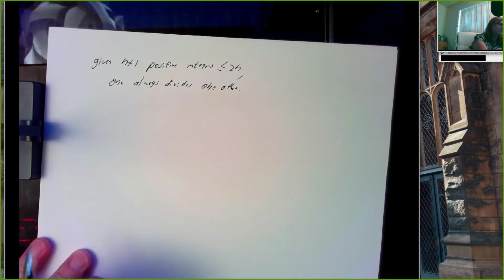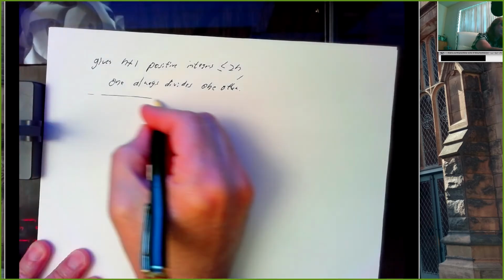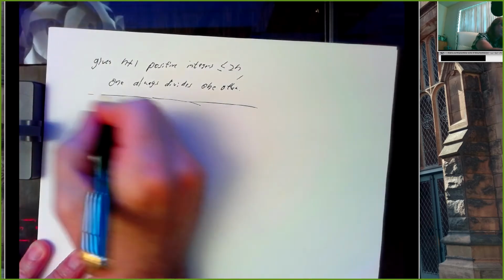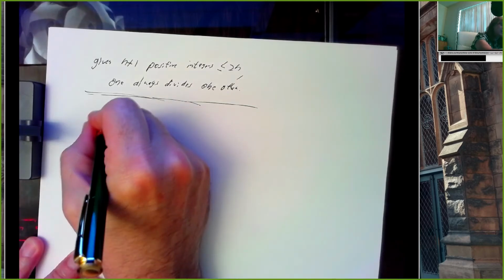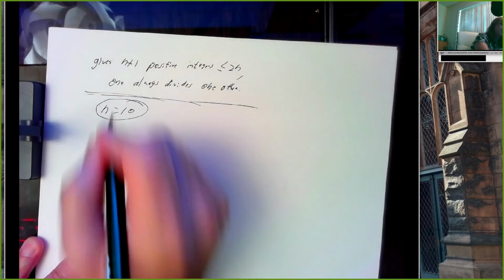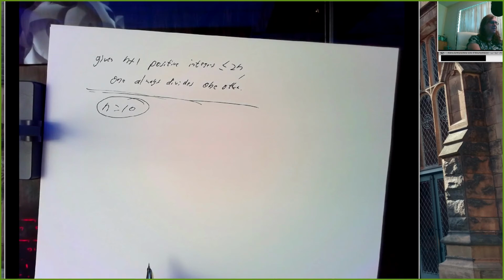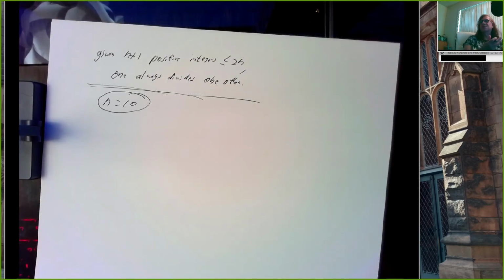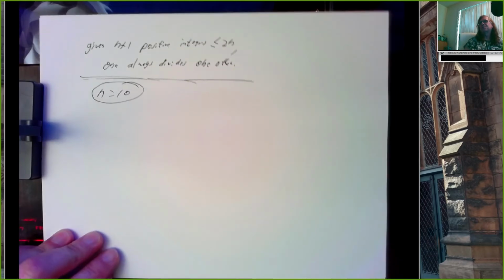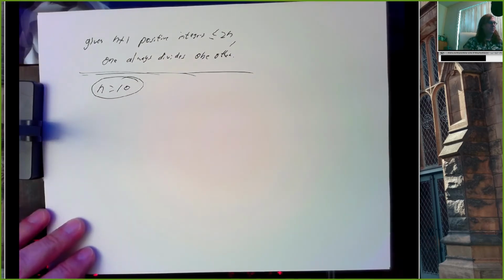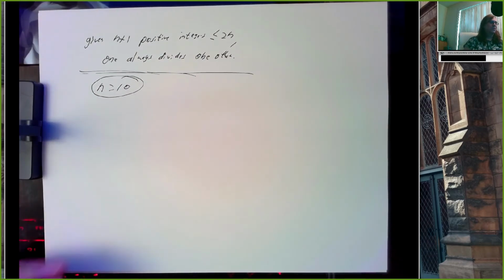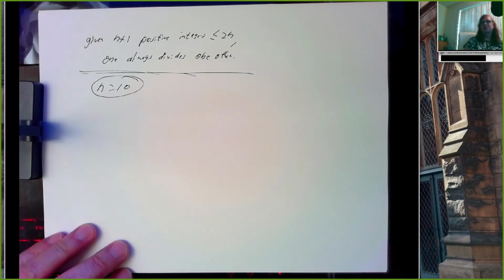All right, so this is a horribly worded statement, but let's pick a number like n equals 10. So the challenge here is, can you find 11 numbers between 1 and 20 such that none of the numbers you pick is a factor of another number? So we're picking numbers between 1 and 20.